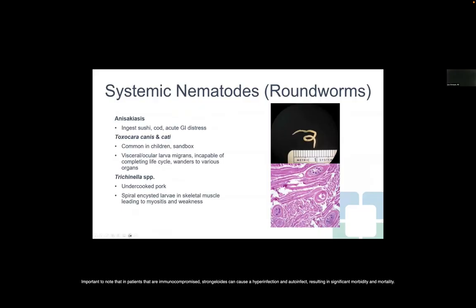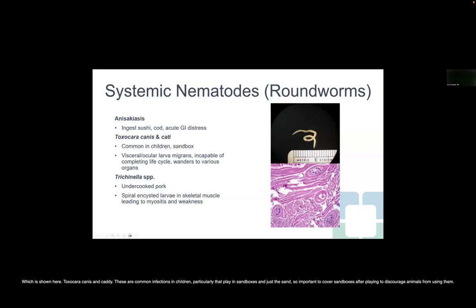A couple of systemic nematodes, which are Anisakis. This is acquired via the ingestion of sushi or cod, and causes immediate GI distress. Oftentimes patients cough up these small worms, which is shown here. Toxocara canis and cati.